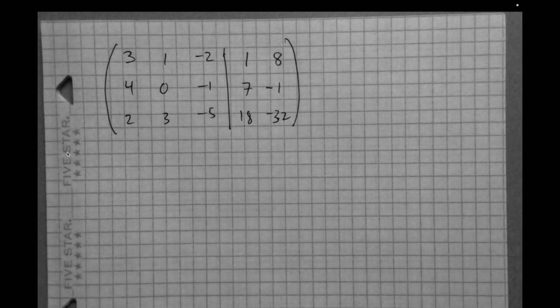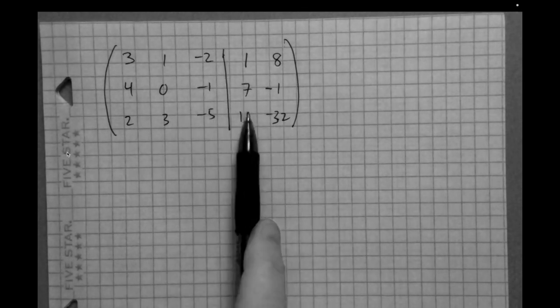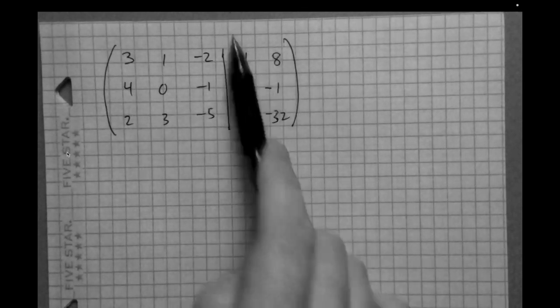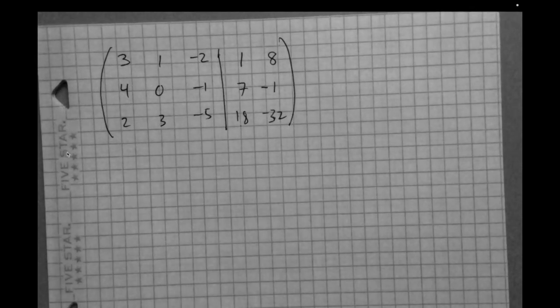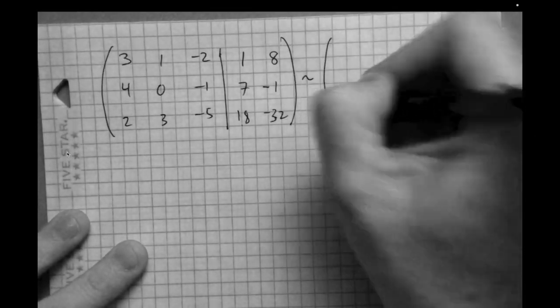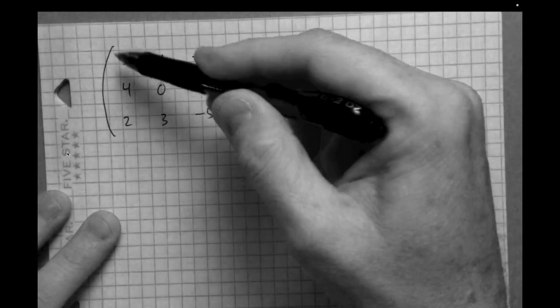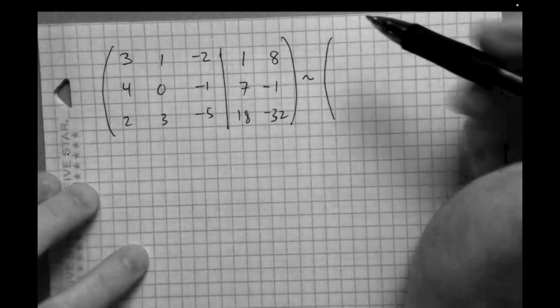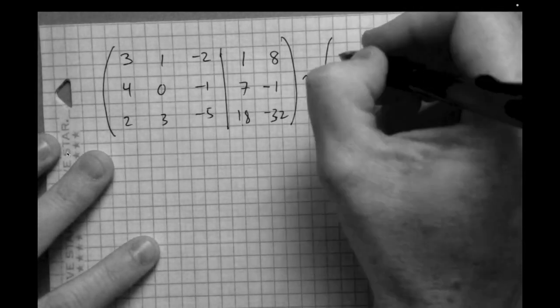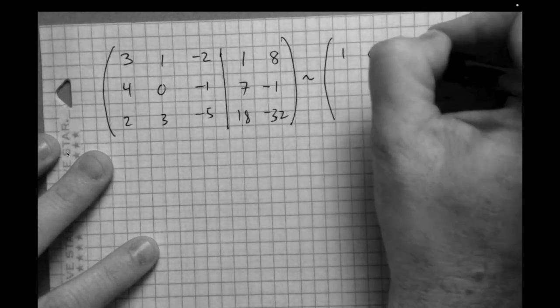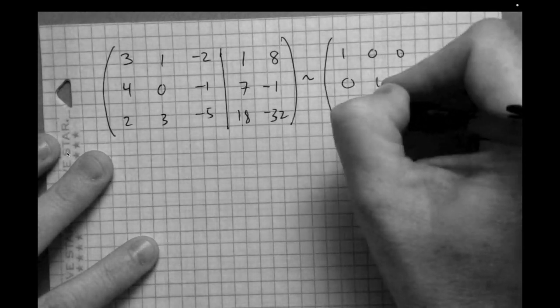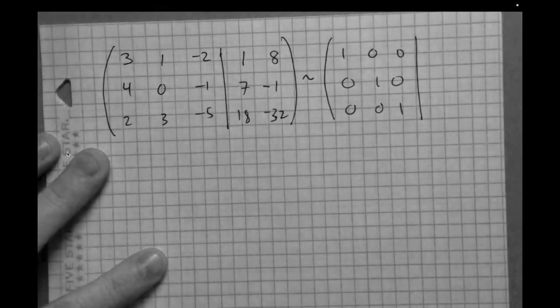Now, keep in mind that columns don't interact with one another during row operations. They're just along for the ride. Whatever's being done over here impacts these independently, so the fact that I put them next to each other doesn't do anything. And indeed, when I run through the row operations, and you can confirm this by putting this into reduced row echelon form, you get a matrix that looks like this: 1, 0, 0, 0, 1, 0, 0, 0, 1 for the coefficient matrix.